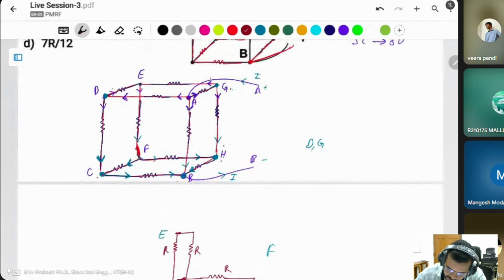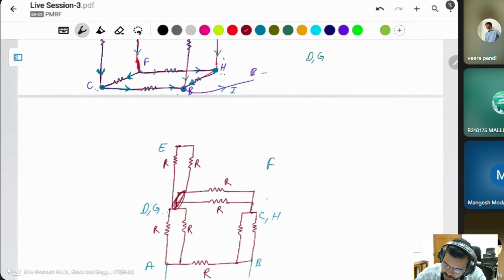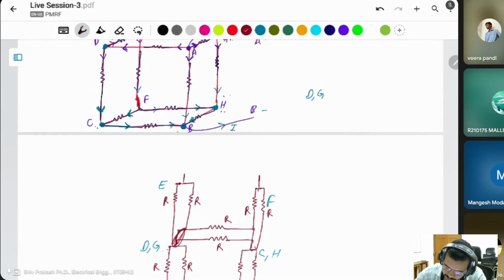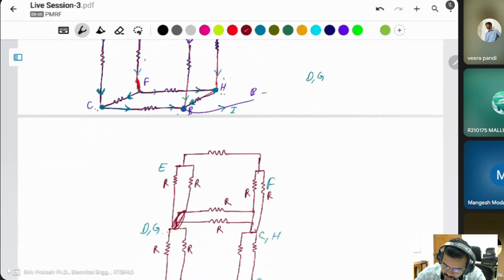Same thing F: F is connected to C and H, that's why there are also two resistances, R, R. And then E and F have a single resistance. You can see here E and F have a single resistance, that's why we have connected a single resistance R.